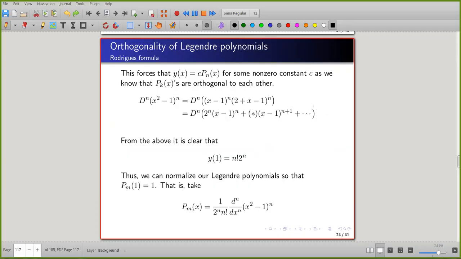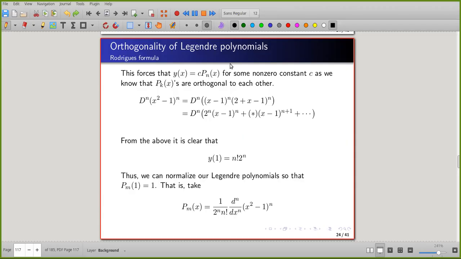Okay, so that's great. Thus we can normalize our Legendre polynomial so that pn of 1 is equal to 1. We can take pn of x to be equal to 1 upon 2 to the n times n factorial, into d^n of (x squared minus 1)^n.